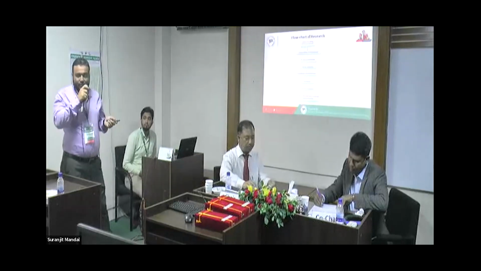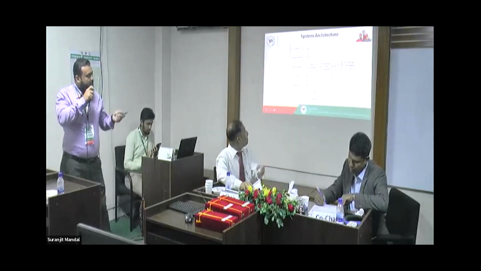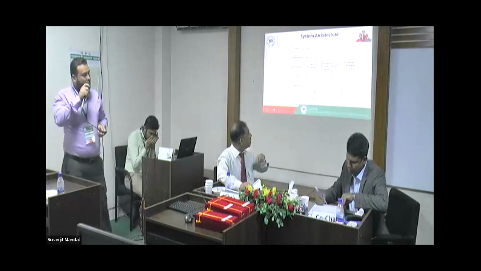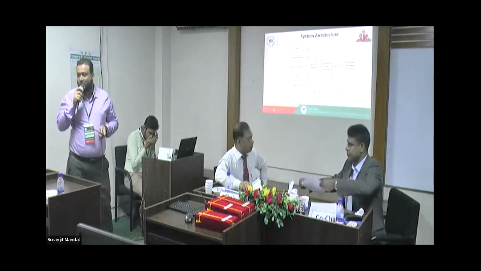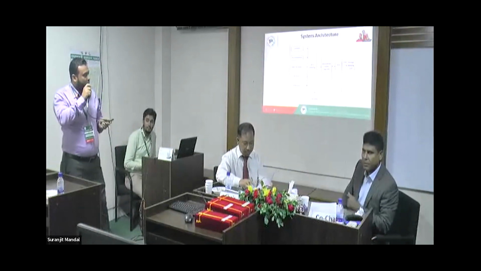Here is the flow chart for our total research work. This is the system architecture of our research, and it is very simple. We have used different sensors: pH sensor, temperature sensor, turbidity sensor, TDS sensor, and water flow sensor.